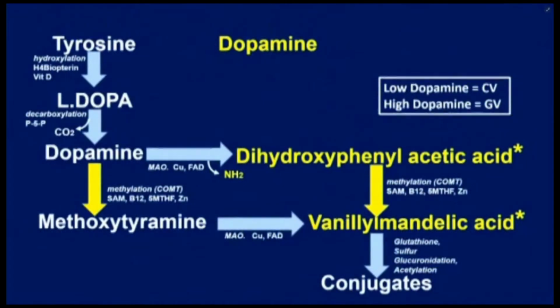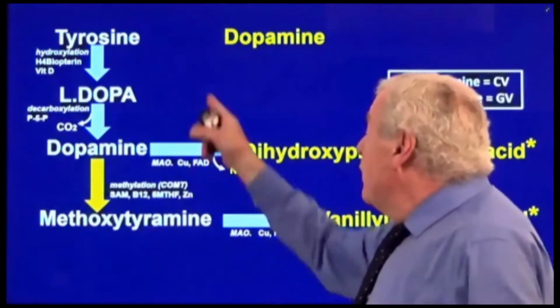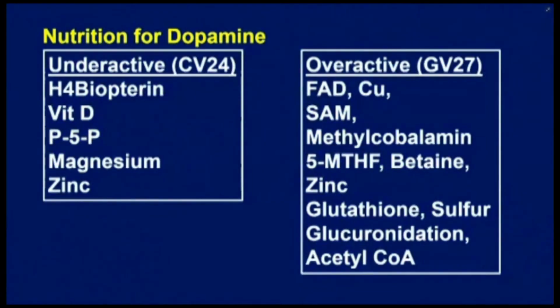And here we see a chart of how we produce dopamine from tyrosine. We'll be coming back to this, particularly this area here, a little later on when we look at hot flushes. So nutrition generally for dopamine when it's underactive would be tetrahydrobiopterin, vitamin D, pyridoxal 5-phosphate, magnesium and zinc.